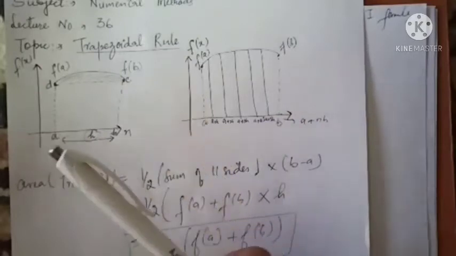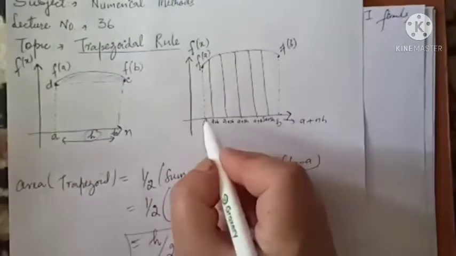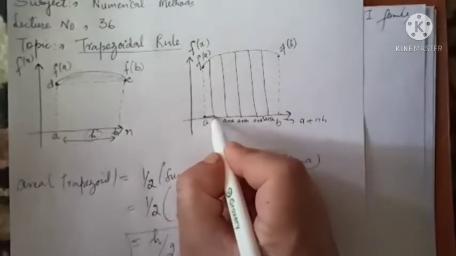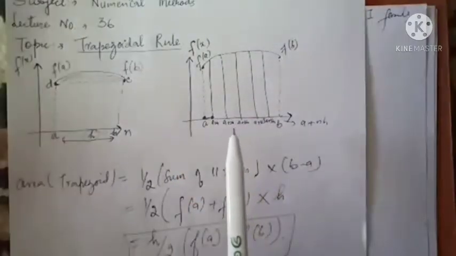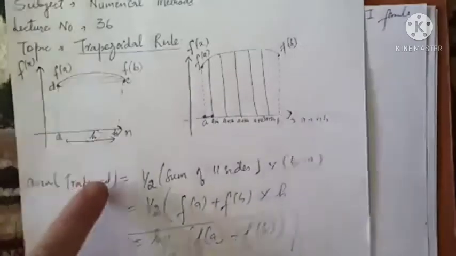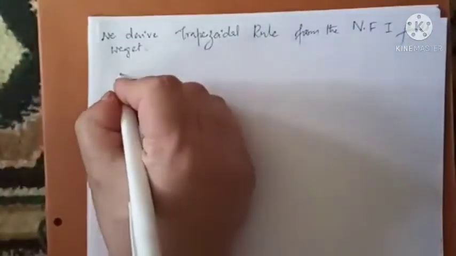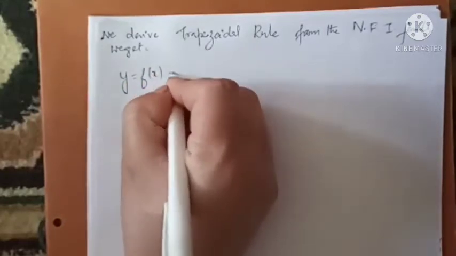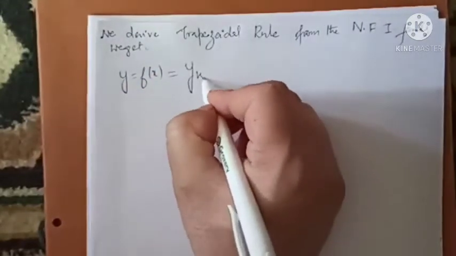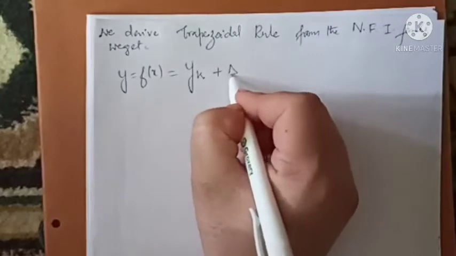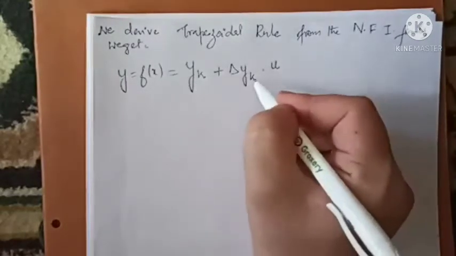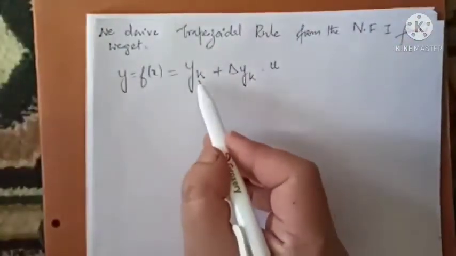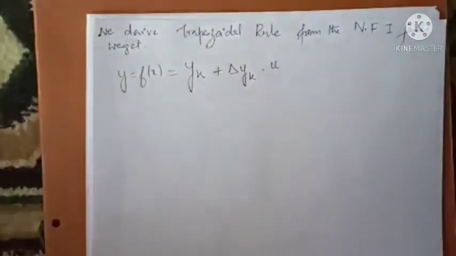And in the Newton-Cotes formula, I told you that we only consider two data points whenever we have to generate the formula of the trapezoidal rule. So from Newton's forward interpolation formula, we only have to take the first two terms, like yk plus delta yk times u. You can write y1, y0, whatever. I just generalized it with k. It doesn't matter.